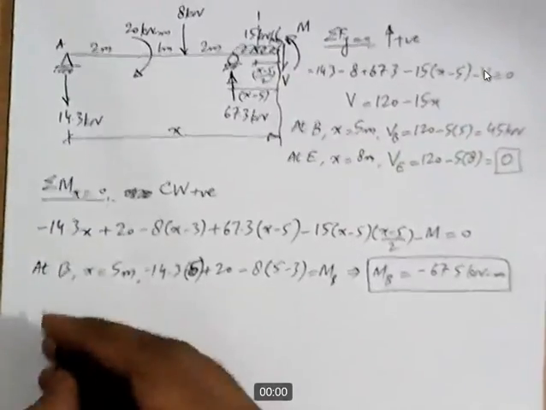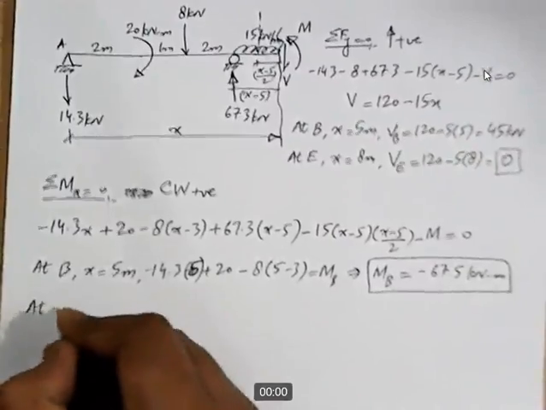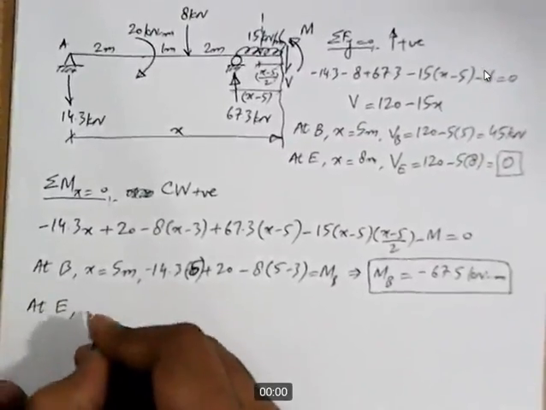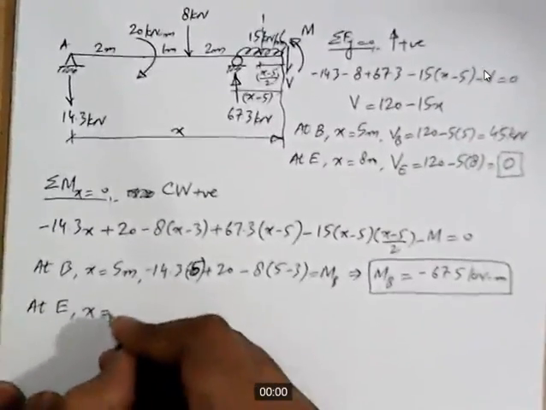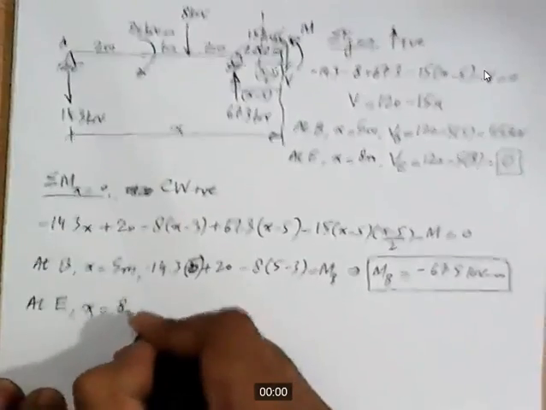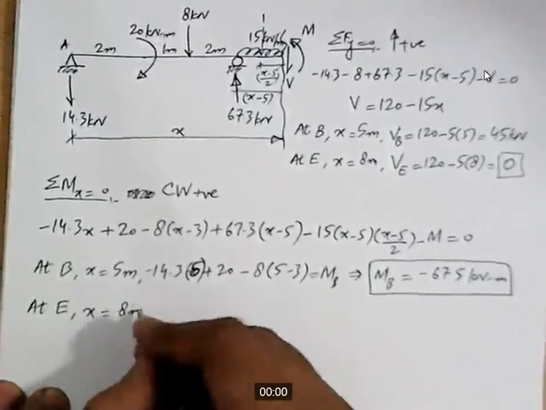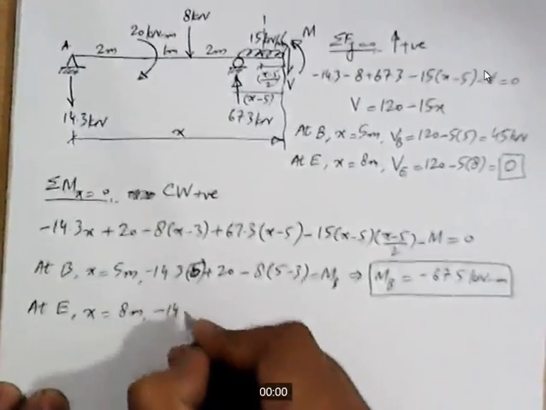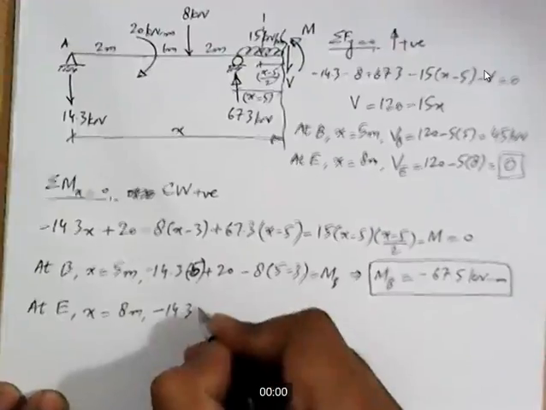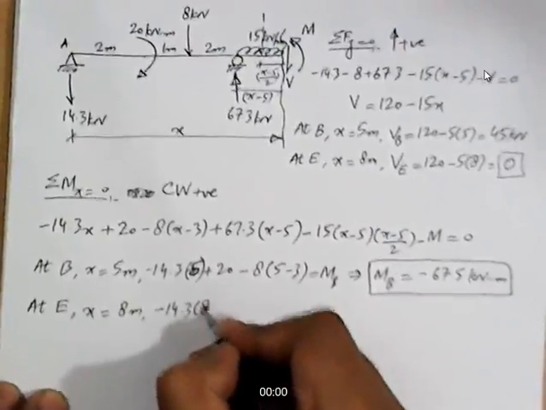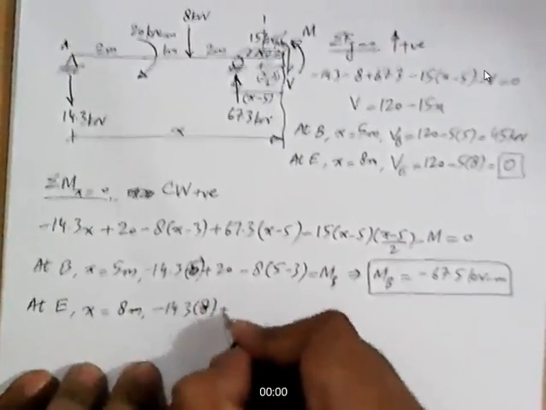Okay, last is at point E, x is equal to 8 meters, and in this case none of the terms will become 0, so we'll have to plug in the value of x in all the terms.